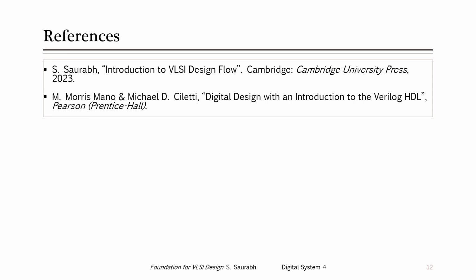Then we looked into two basic types of sequential circuit elements which have read and write capabilities: latches and flip-flops. We saw the differences between them and their implementation, and then we saw the setup and hold constraints for a flip-flop. So that's it for this lecture.